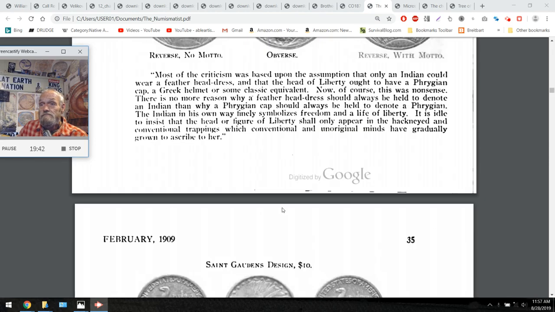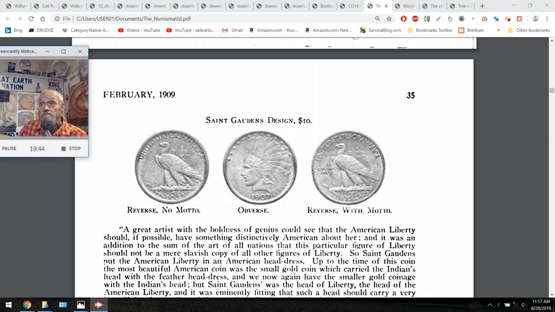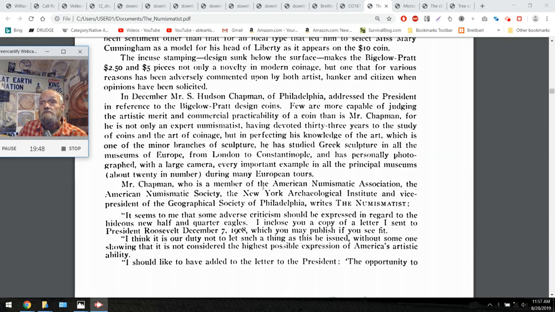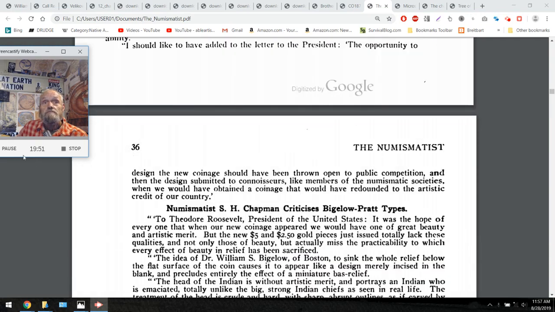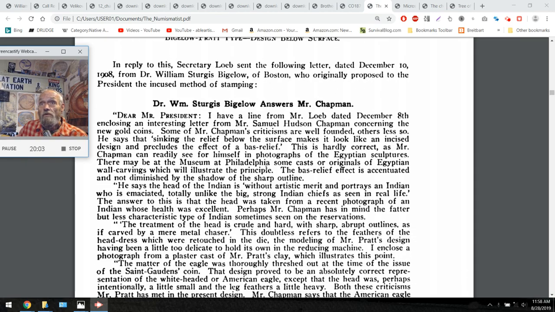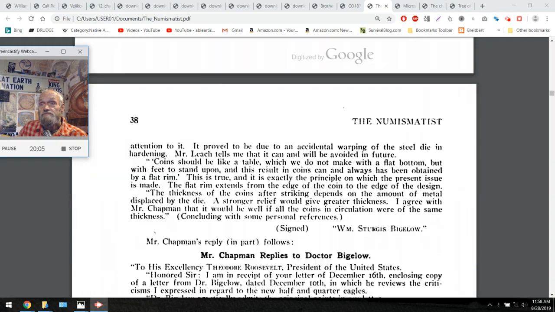So, different looking bird. Well, somehow they must have thought they'd given the Native Americans enough sympathy because the Bigelow Pratt type, we don't get to see them very often.